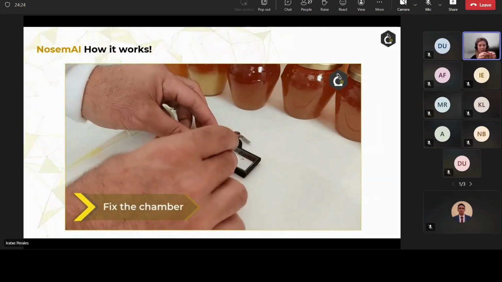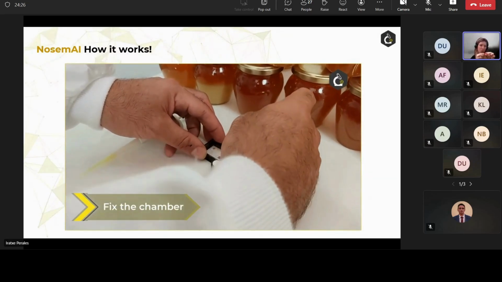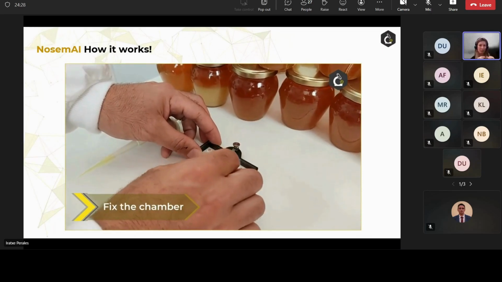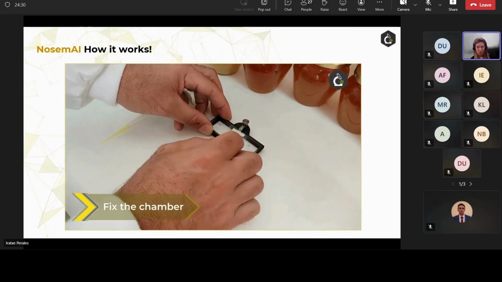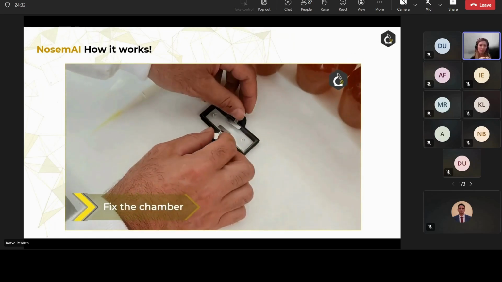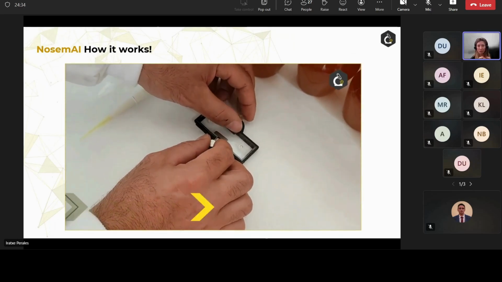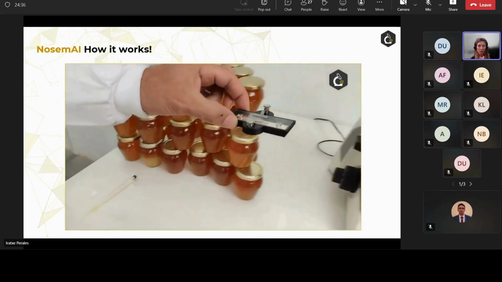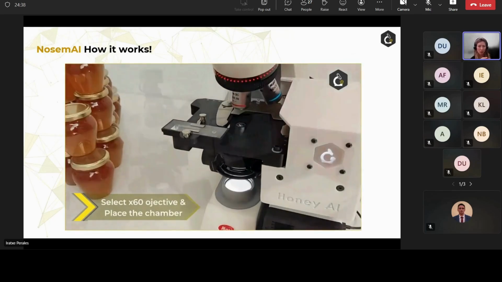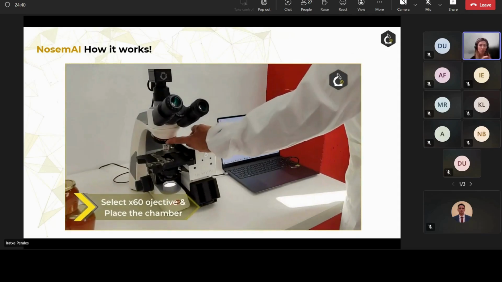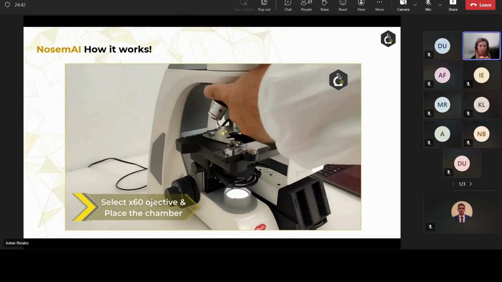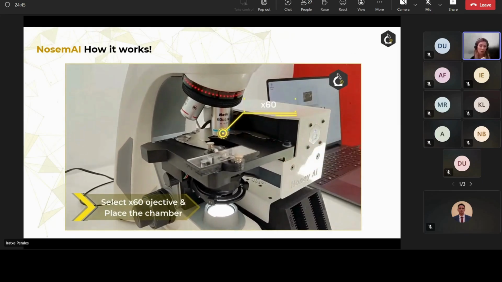Then this specific slide, we provide the user with this system. The sample is prepared very easily, and then you put it in the automated holder. Then the objective of 60 has to be chosen.